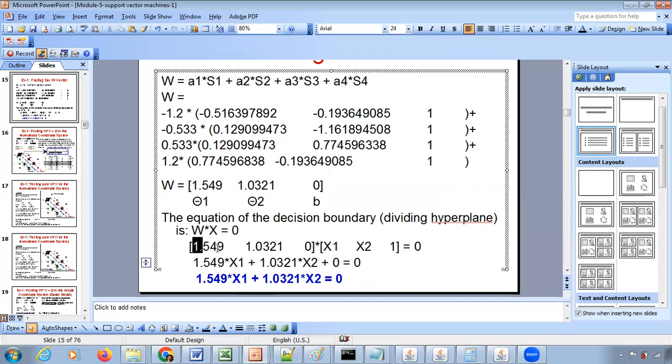So it's 1.549 times x1 plus 1.0321 times x2 plus b times 1, which is b. It's 0 times 1, which is 0. This is our b here. So this is the equation of this dividing line for the margin: 1.549 times x1 plus 1.0321 times x2 equals 0.